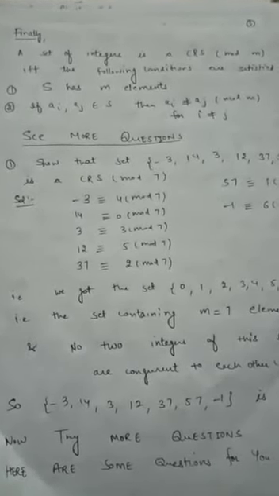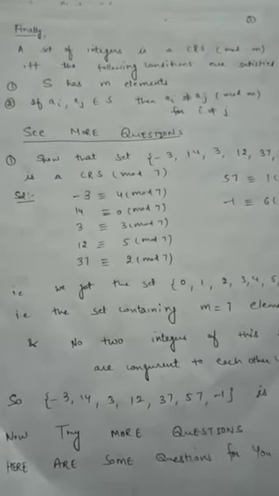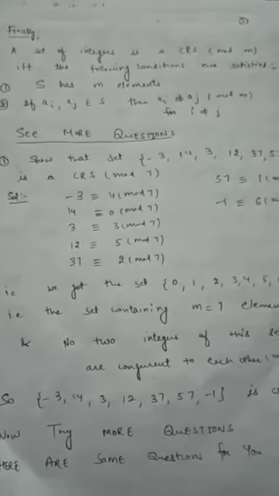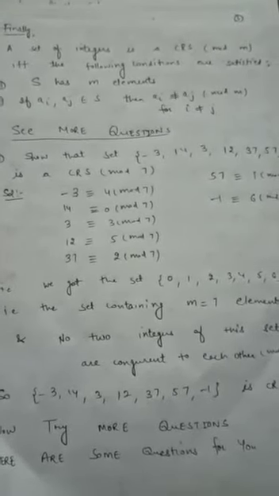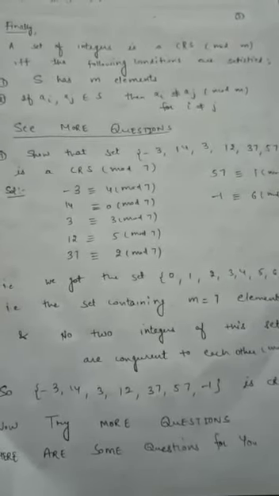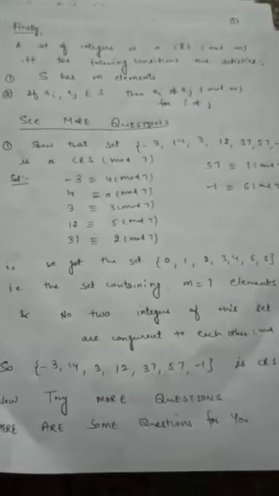So that means set must have m elements, and if ai, aj belong to S, that means take any two elements in this set and check. These must not be congruent to each other in case of modulo m. So clear? That means you have to check set has m elements and no two of these elements are congruent to each other in modulo m. So this set is complete residue system.